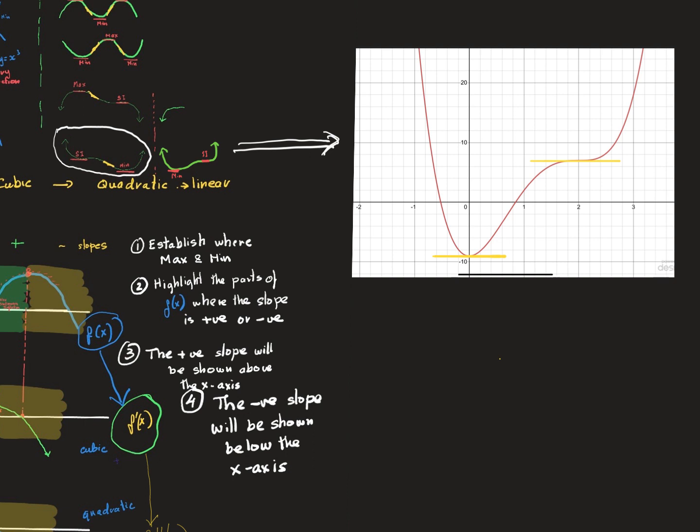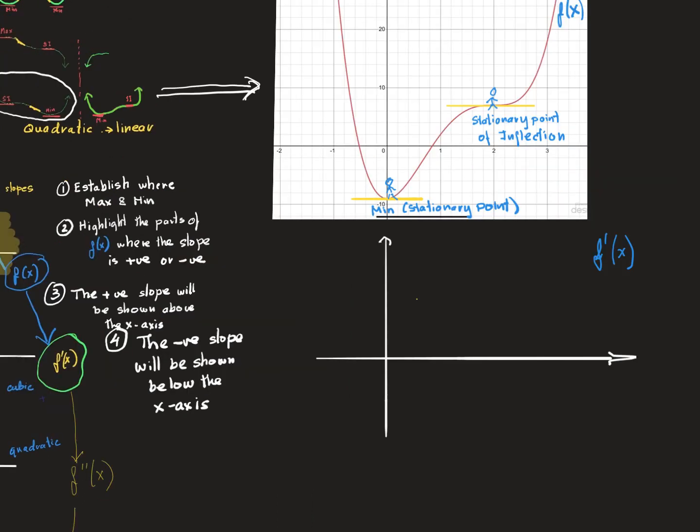Both are stationary points because they both have a horizontal gradient, and also because, as I once mentioned before, I can have a little person standing on it, so that means he can stand on it. Stand for stationary. So this is our function, and now we're going to draw our derivative function.